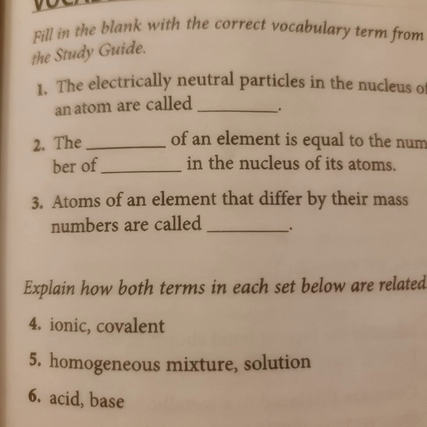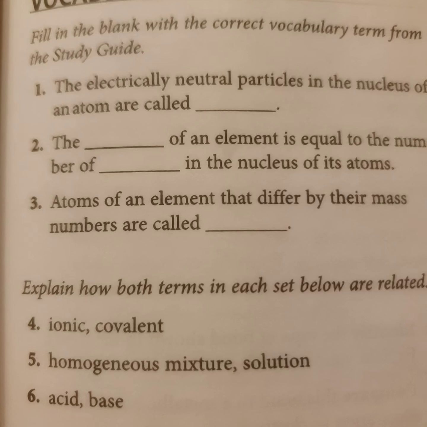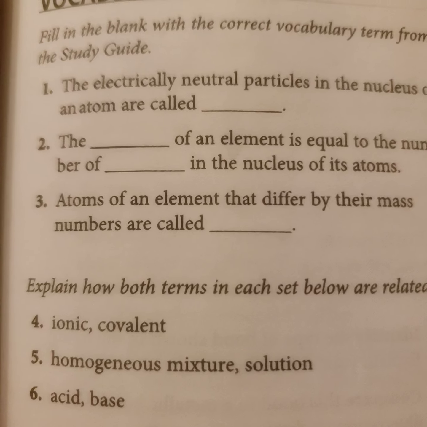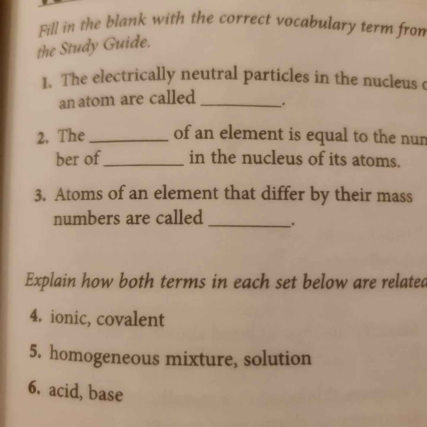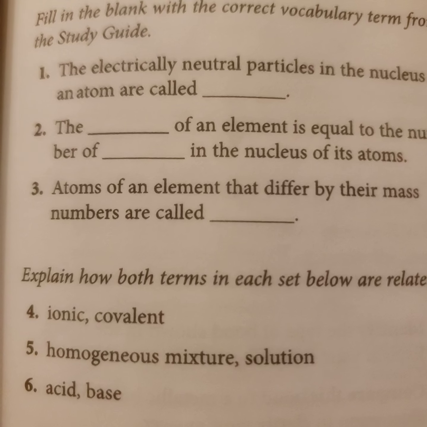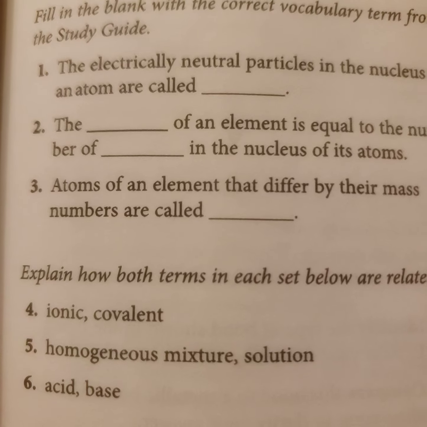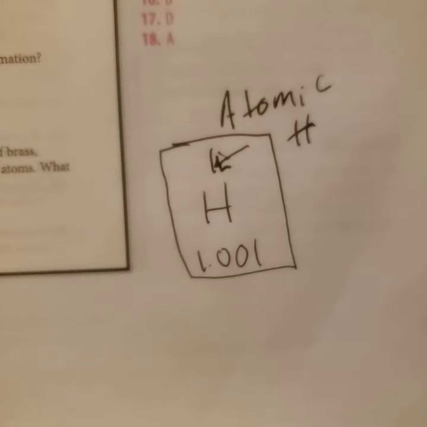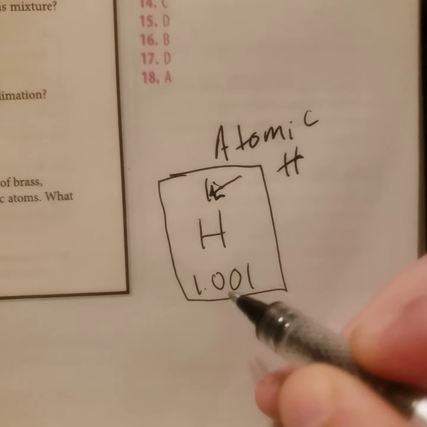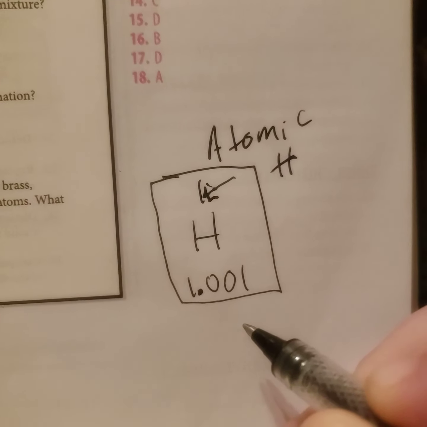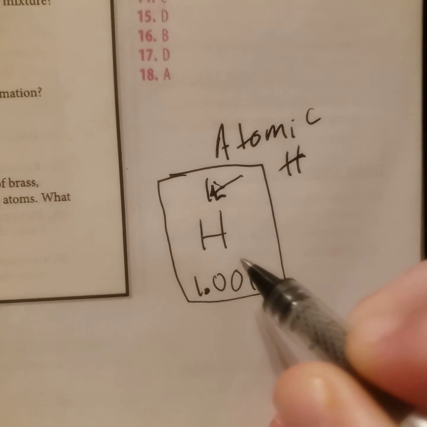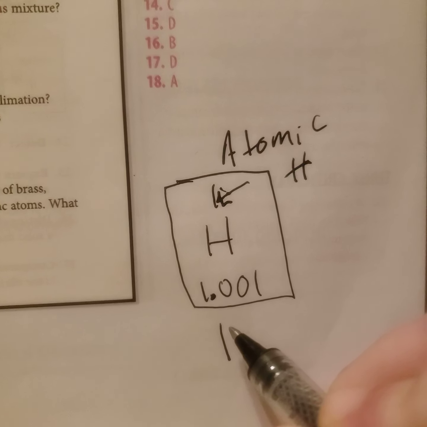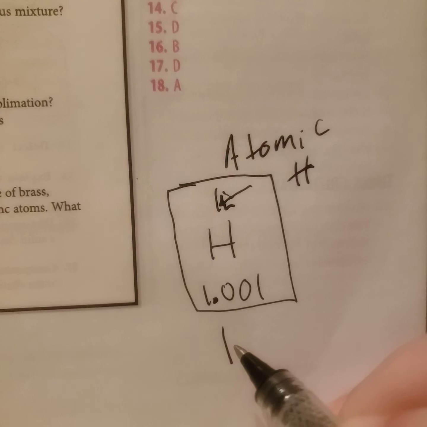Number 3: Atoms of an element that differ by their mass numbers are called isotopes. All right, so mass number, this is the atomic mass down here, but you can see that there is a decimal. The rounded atomic mass would be 1, and that's its mass number.